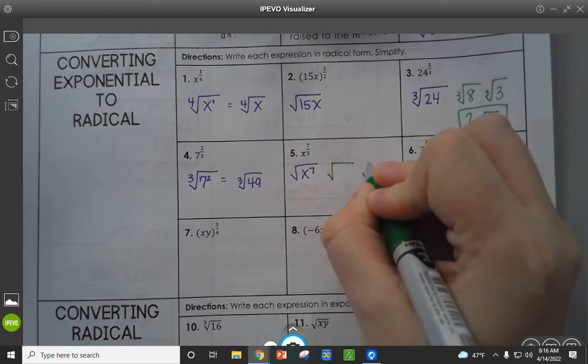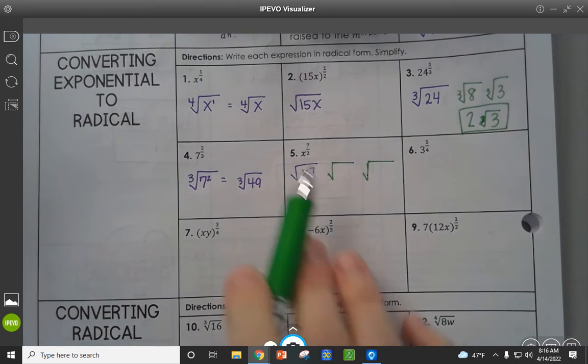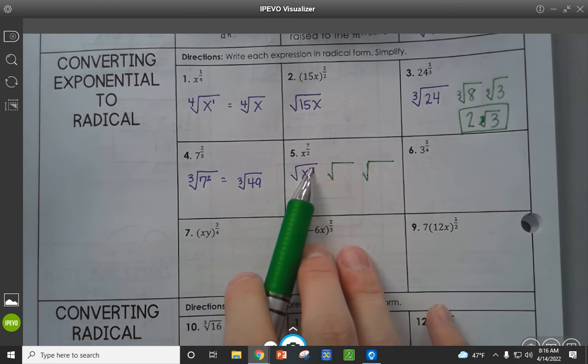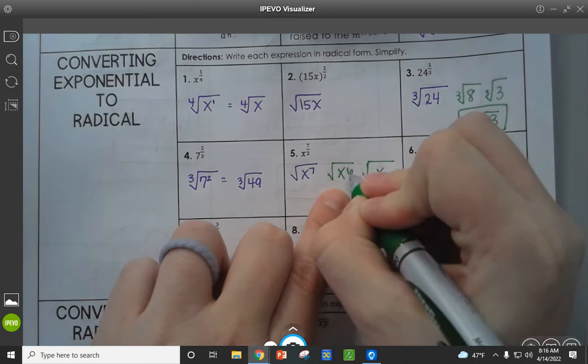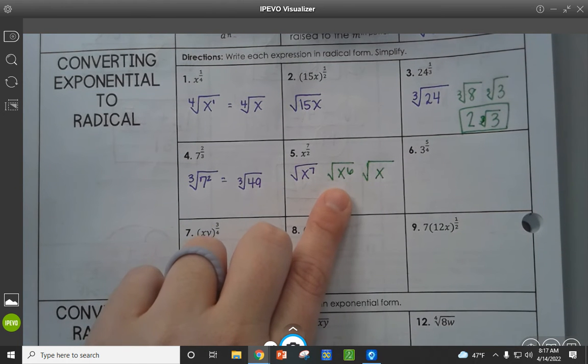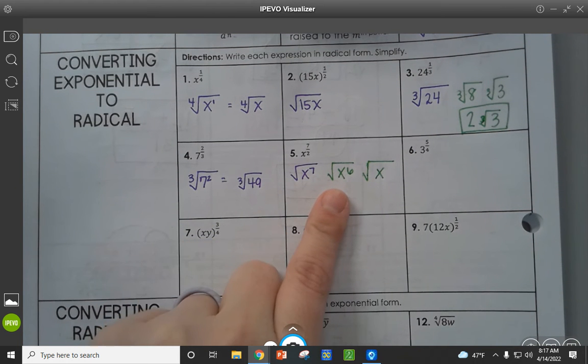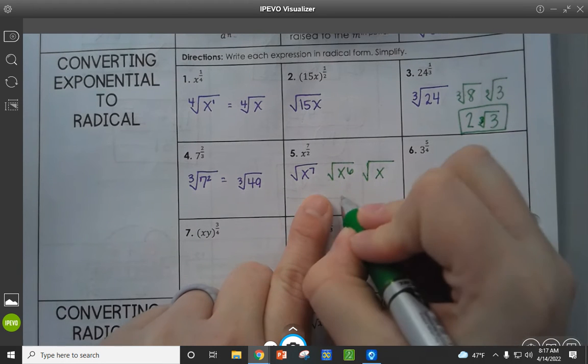We actually can. Because remember, we just want an exponent that is a multiple of 2. So if I take out one of the x's, I'm left with x to the 6th, which is a multiple of 2. And what is the square root of x to the 6th? x cubed.